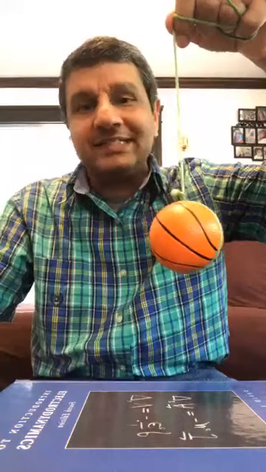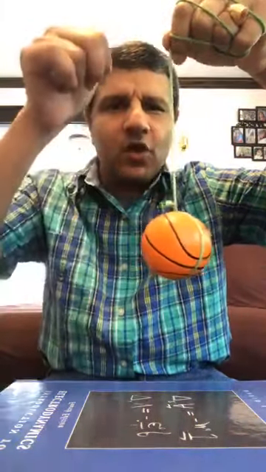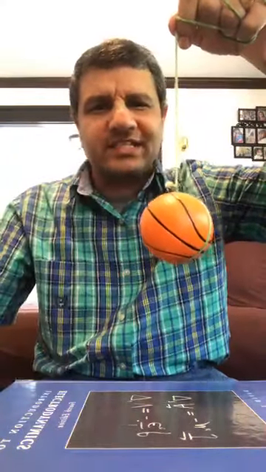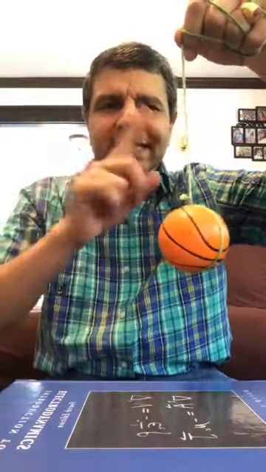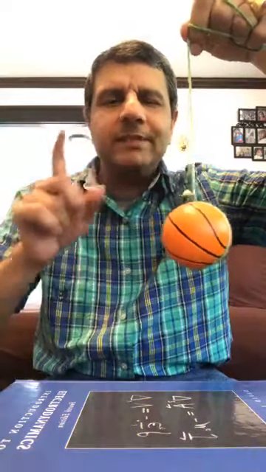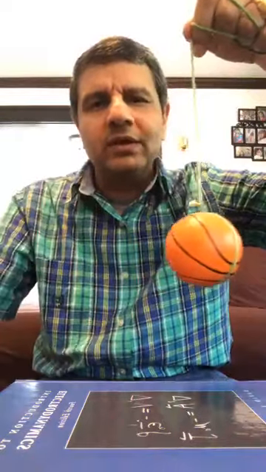From Newton's second law, F equals ma, this object has no acceleration, so acceleration is equal to zero. Set up a proper coordinate system: if upward is positive, downward is negative. T is the tension and mg is the weight, so T minus mg equals 0. This shows that tension equals mg.